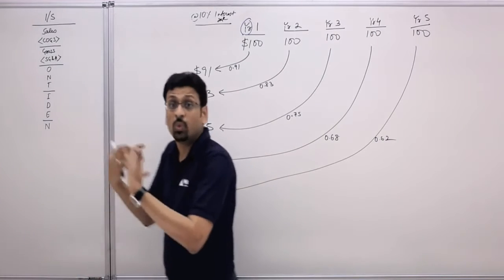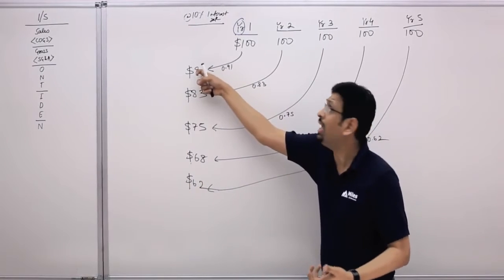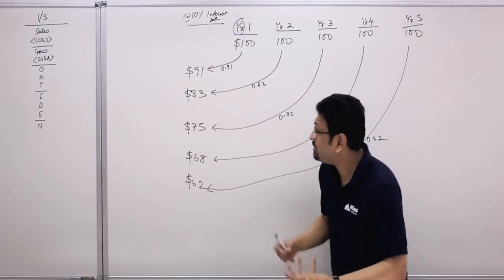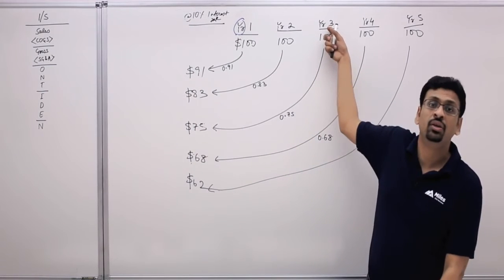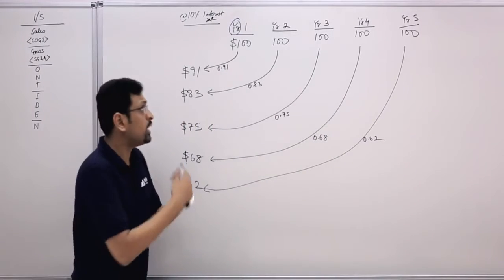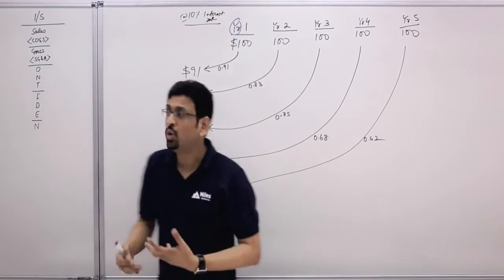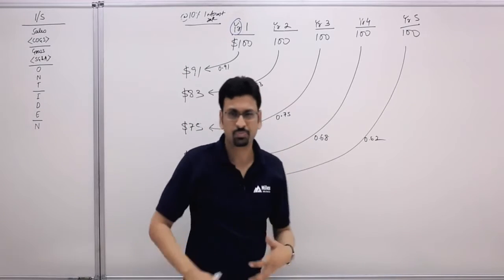Looking at it the other way, the future value of $91 today is $100 after year 1. You could say the present value of $75 today is $100 after year 3. So guys, that is the concept of present value. We look at future cash flows, get it to present date. Future value, you look at current cash flows and you get them to future dates.